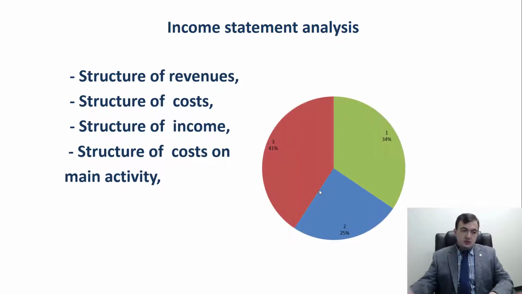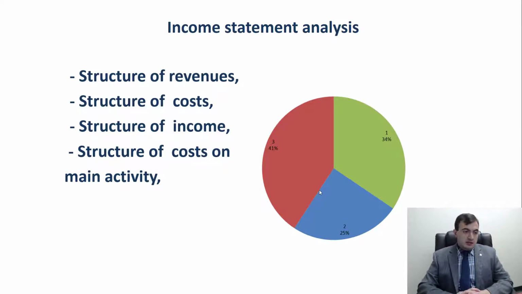For example, in the case of the structure of revenues, costs, or income, we can use the pie chart to show visually the percentage structure of revenues and break it down: revenues from financial activity, revenues from investment activity, revenues from other non-operating activity, and revenues from main activity.